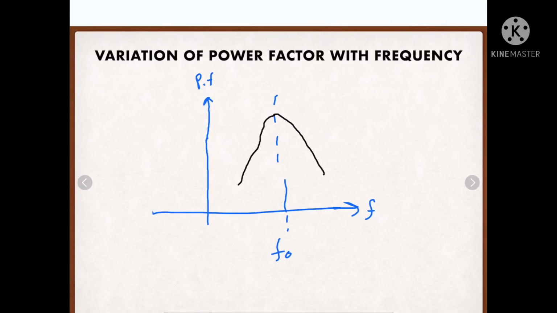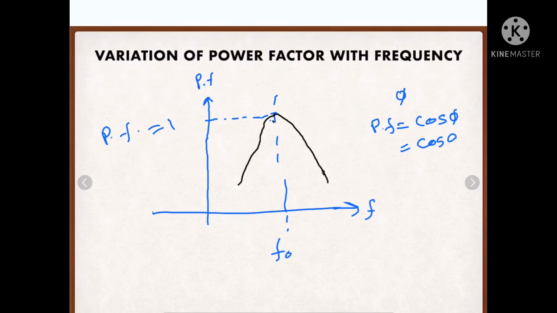Why is it? Because at resonance phi is 0. As phi is 0, power factor is cos phi, and cos 0 is 1. So that is how we are getting this.